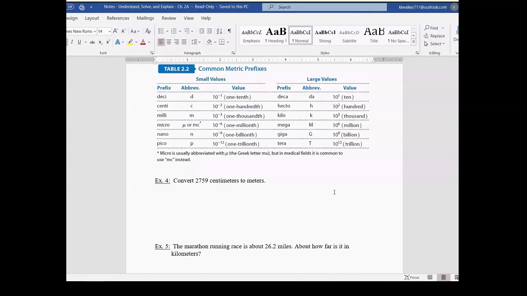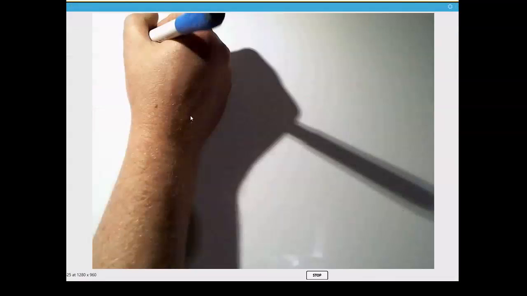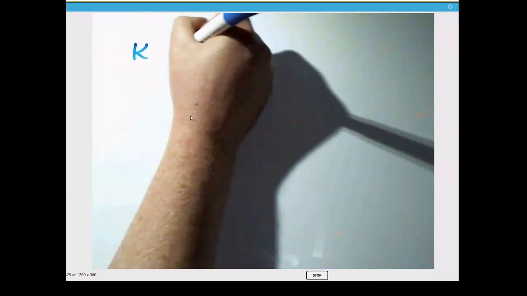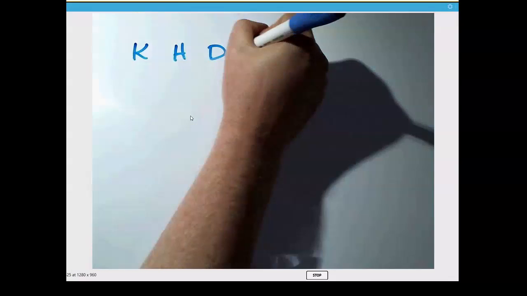So one way to convert the metric system is to just know the prefix line that the metric system uses. These are all the different prefixes for the metric system. The most common ones are on something called a metric prefix line, and it looks like this. I'll explain all of this here in just a second.